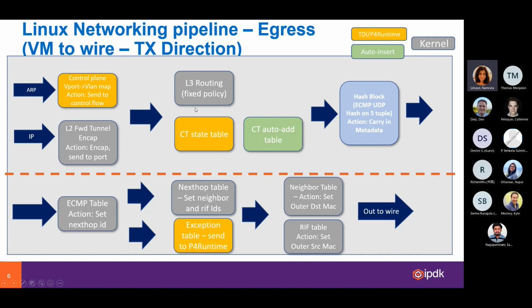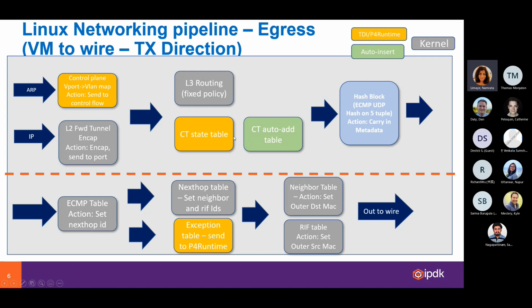And same as with L3 routing, we have the L3 routing table that matches on IPv4 dest. This basically determines where the packet needs to be routed and sets the next hop IDs. We also implement the kernel state table.